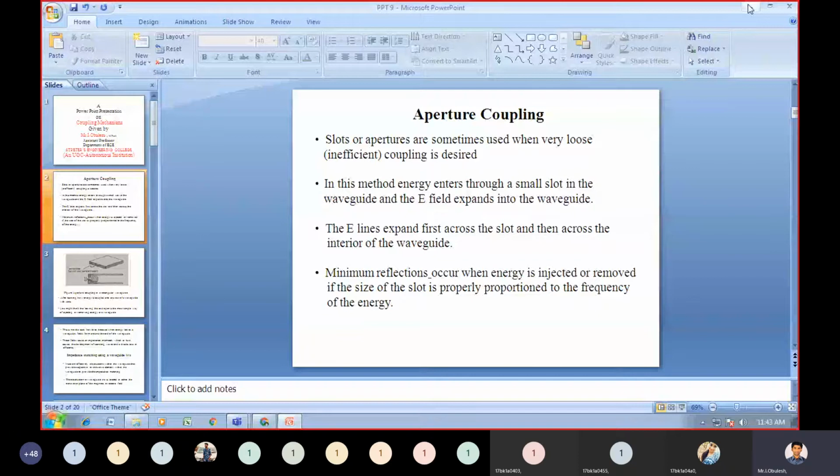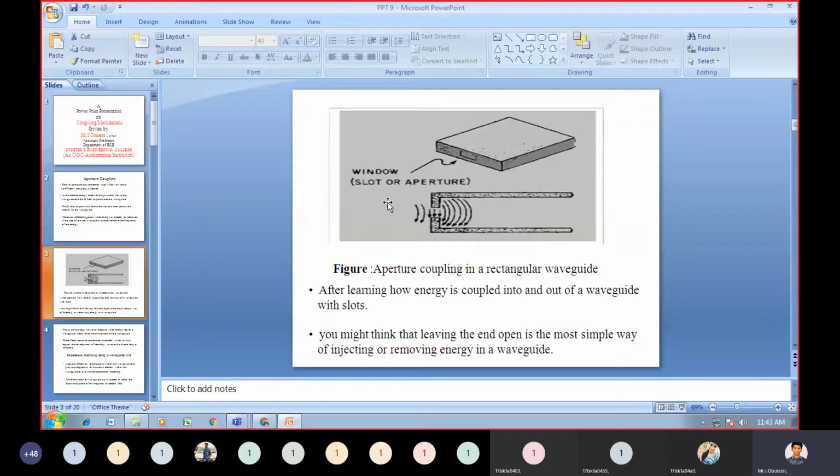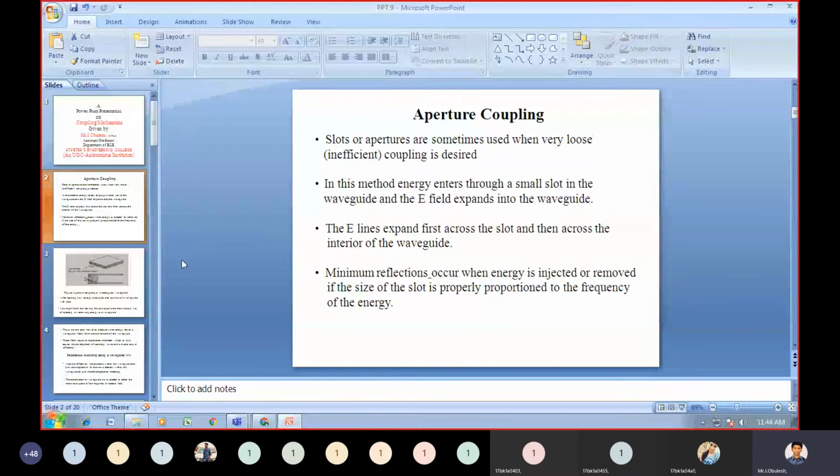So in this method, when the energy enters through a small slot in the waveguide, see the diagram here, and the E field, the electric field, expands into the waveguide.